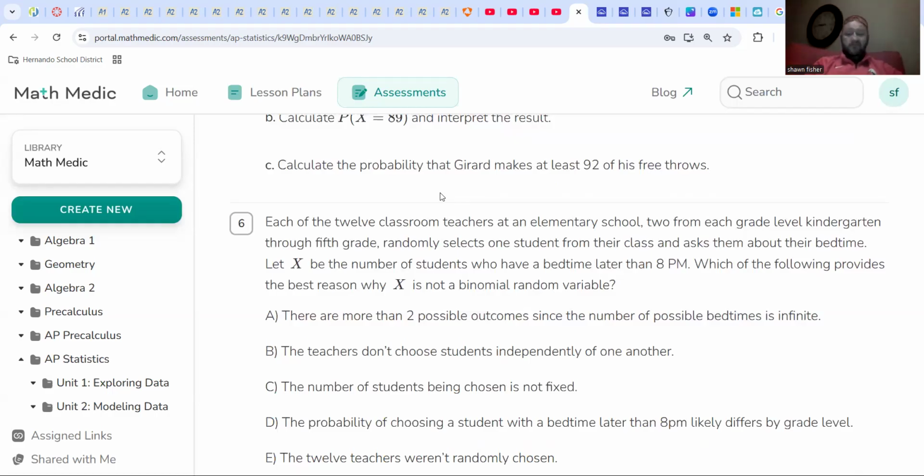I got mixed up: there are 2 teachers in each grade level. Let X be the number of students who have their bedtime later than 8 p.m. Which of the following best explains why X is not binomial?